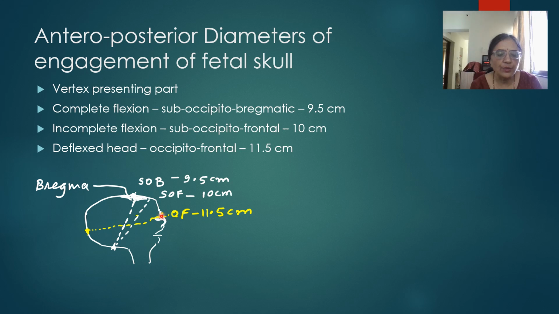Frontal here is the glabella, and posteriorly it is the occiput. So occipitofrontal is a larger diameter, which is 11.5 centimeters, and here we can understand why a deflexed head is the commonest cause of non-engagement of the fetal head.